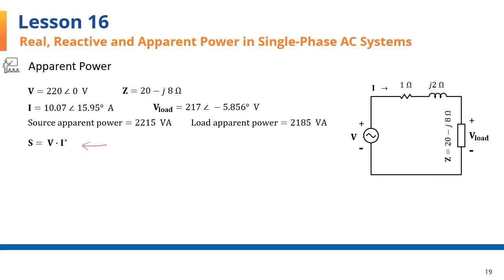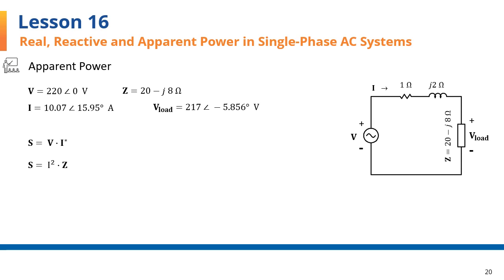So this is the current through the circuit, and we take its magnitude, square it, and multiply by, for example, Z if we were to find the complex power of the load, or multiply it by this impedance, the line impedance, if we were interested in the power loss in the line, or the complex power of the line. Or by dividing the square of magnitude of the voltage over the complex conjugate of the impedance. So that's the third way of finding it.